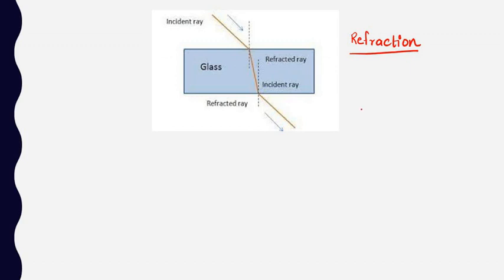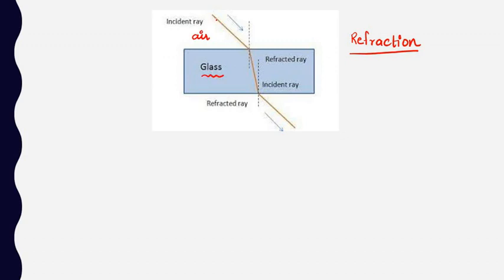It is the bending or change in the direction of light when it travels from one medium to another medium. From this diagram, this is the incident ray which is coming, and it is changing the medium: here you have the air and now it is passing through the glass.